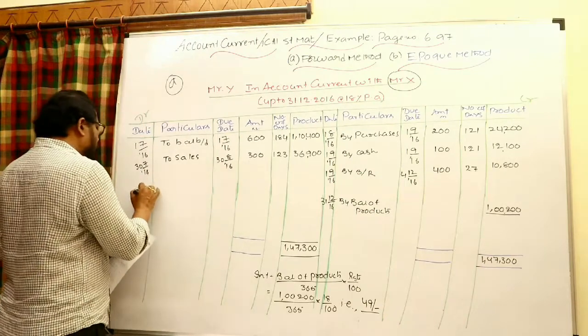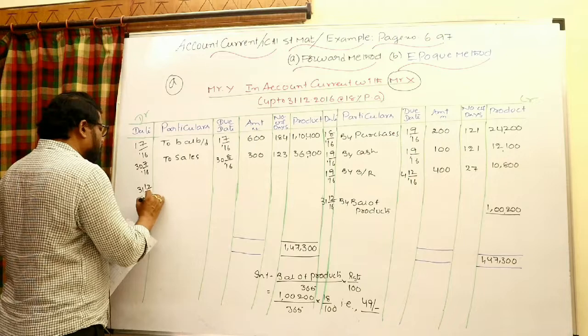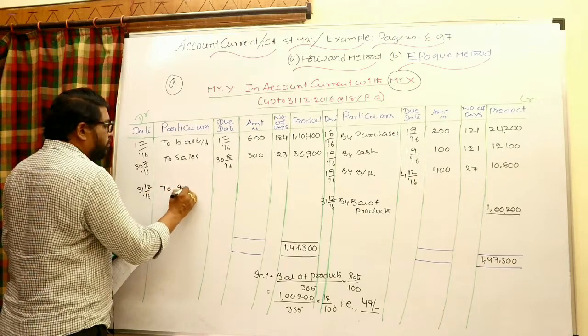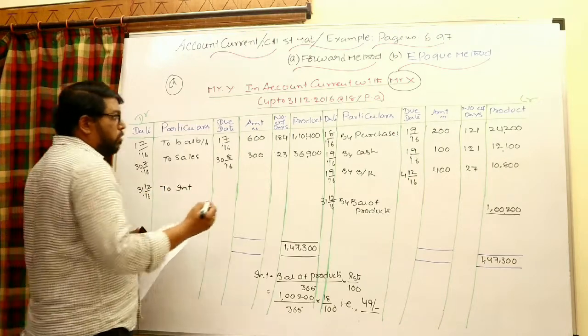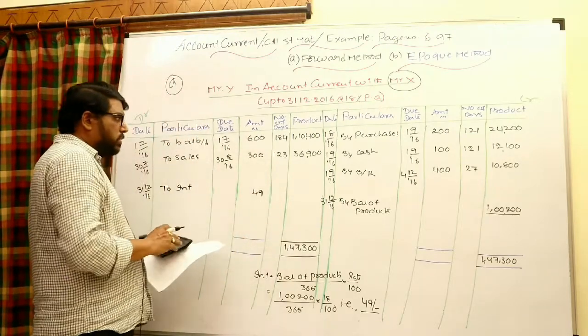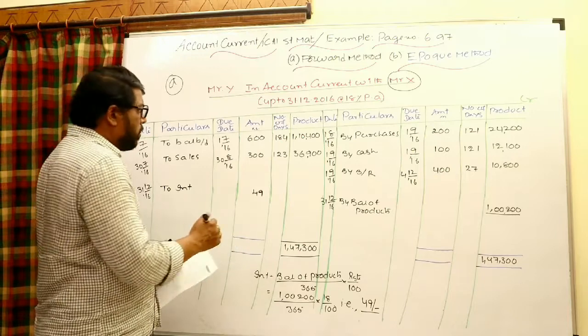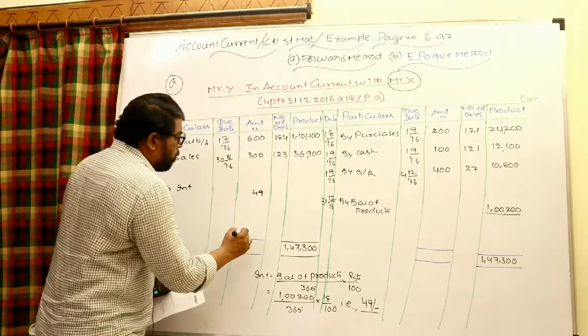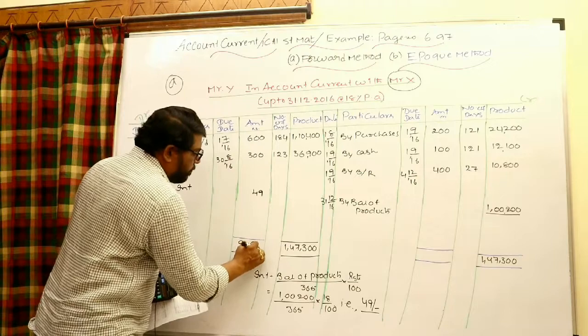In the Mr. Y account, to interest. Write in the amount column 49 rupees. Now you can balance simply. The debit amount is looking more, 949.